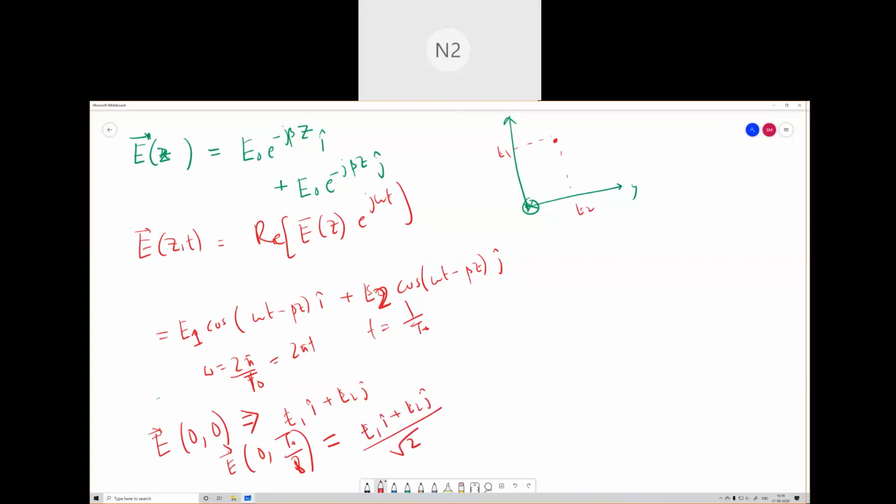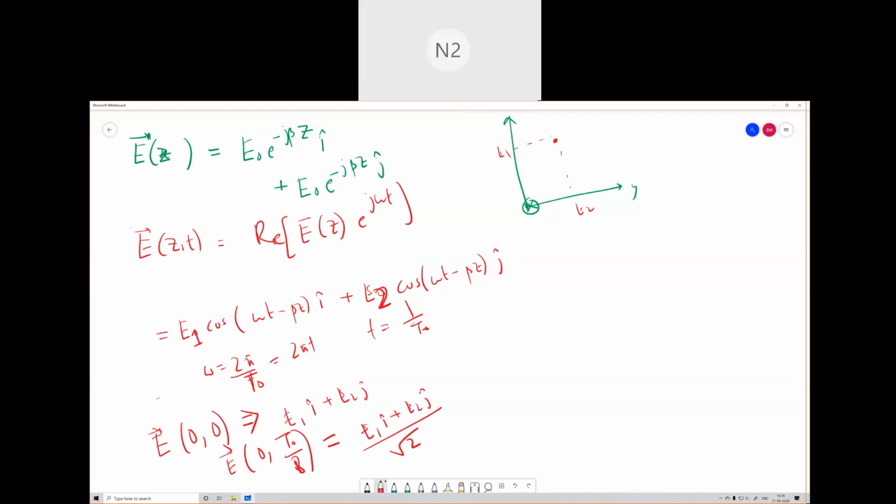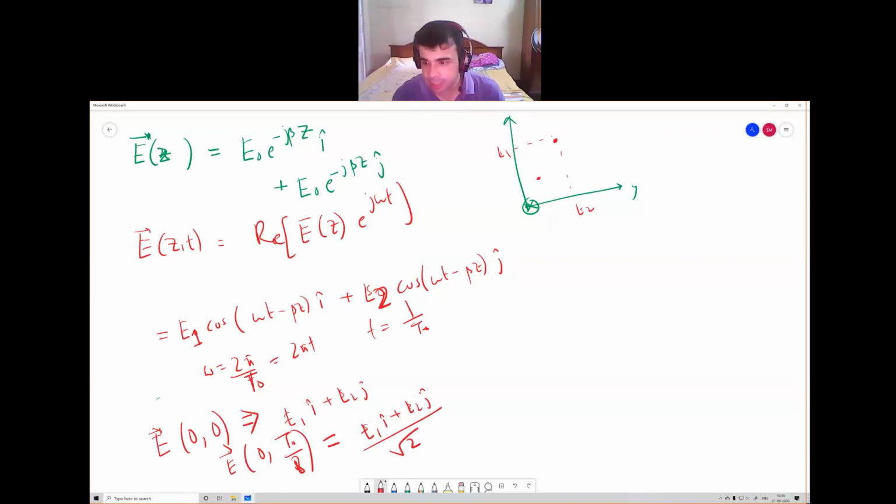It is somewhere here. But note that the slope of these two points from the origin will be the same. If I join these two points, this angle is the same, so they will be on the same line.